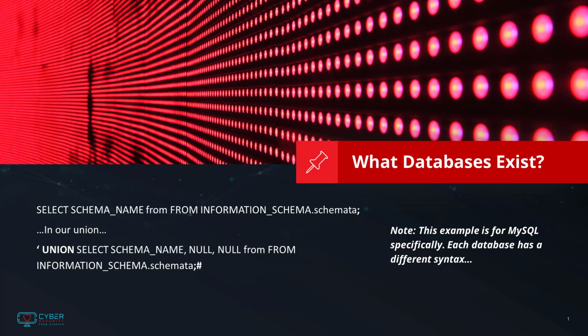This would give you a set of all the different schema names that are available. So in our union example, this would be single quote union select schema_name, comma null from information_schema.schemata, semicolon, and then the comment character. From here, we'll have a set of the databases we can start pulling.